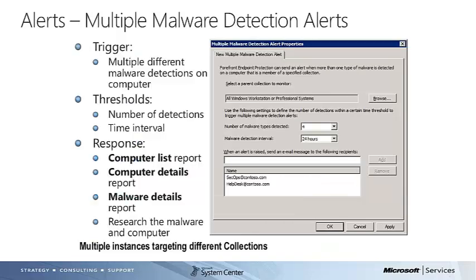And then the last of the multi-instance alert types is multiple malware detections. And in this situation, it's different malware that's being detected on a particular system using the same thresholds based on the number of detections and the time interval, with the same type of response, leveraging the reports that we have built into FEP.